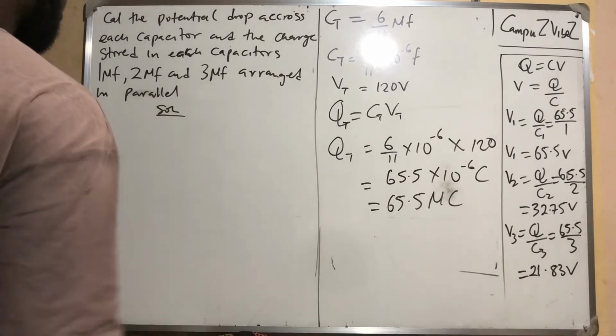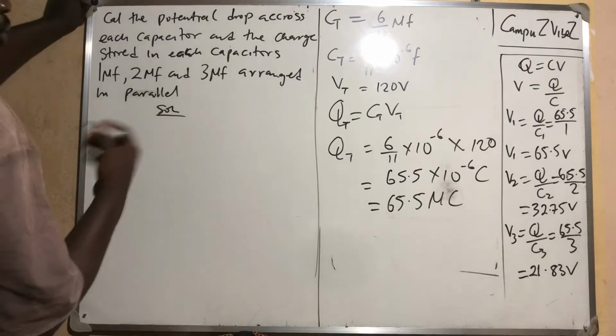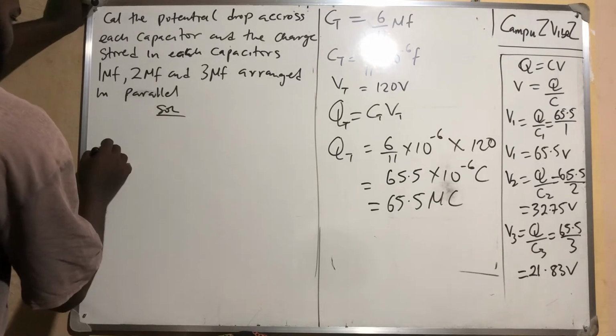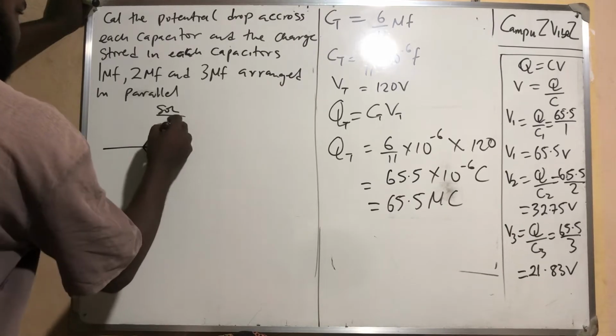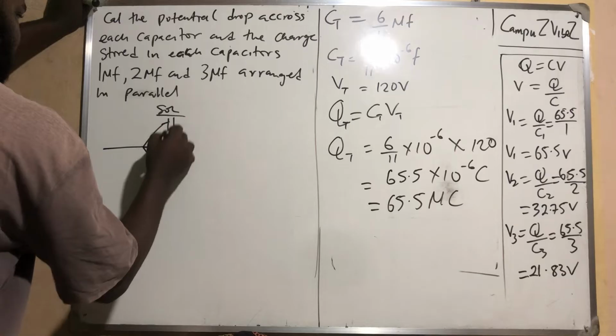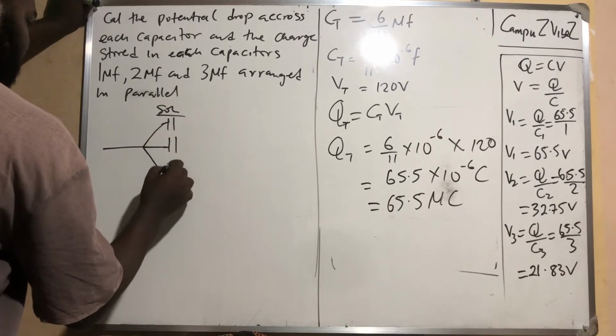Okay, solution. If they are arranged in parallel, you can decide to draw it if you want. You will have something like this. This one is the first one, this one is the second one, and this one is the third one.